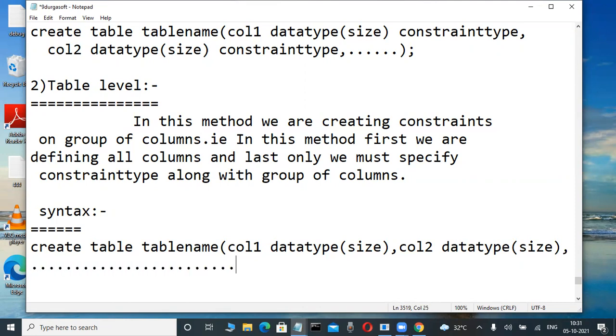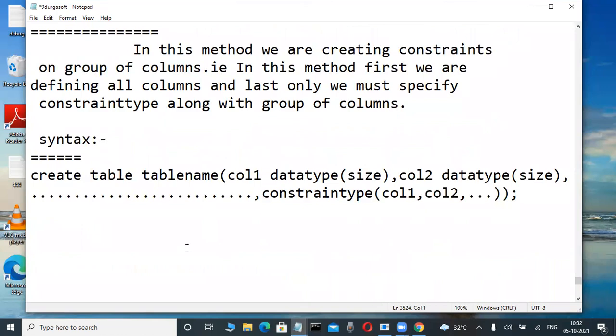And last only we must specify constraint type along with group of columns. Now here constraint type, here group of columns, here within the bracket column name 1 comma column name 2, in a number of columns also.